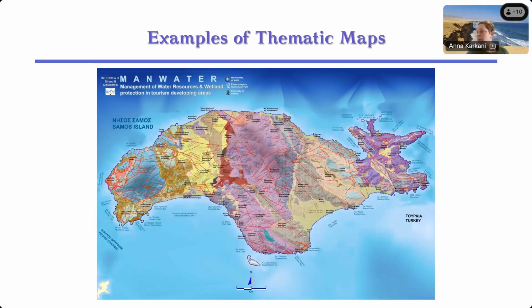And here we can see some more examples of thematic maps. For instance, this is the island of Samos, and you can see different thematic maps. The main feature represented here is the lithological formations of Samos Island, and you can also see the fault lines along the island.